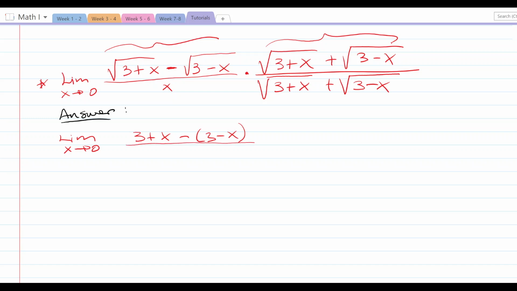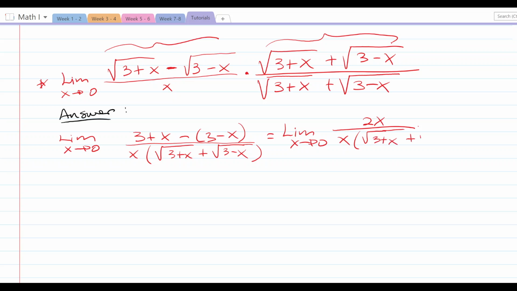So all the root signs are gone, and then on the bottom we'll have x multiplied by square root of 3 plus x plus square root of 3 minus x. Same thing. So the numerator will become, limit x approaching 0, 3 minus 3 is 0, x plus x is 2x. And then we have x times square root of 3 plus x plus square root of 3 minus x.